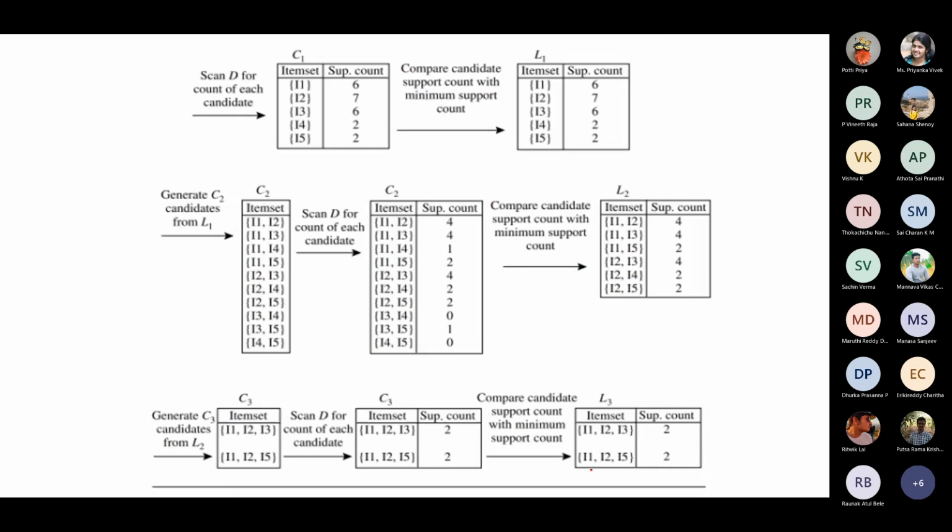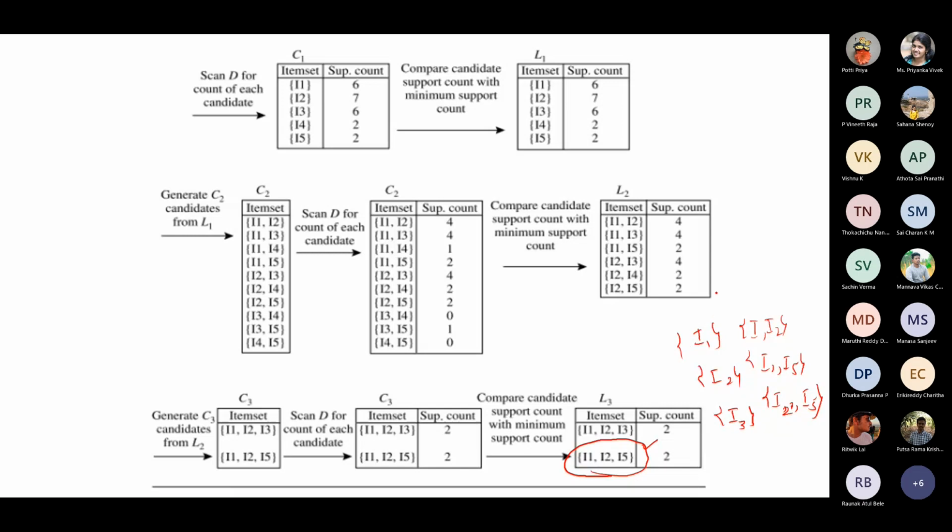Let us take this example, I1, I2, I5. This is frequently appearing in the transaction. What are the non-empty subsets of this particular set? I1, I2, I5, I1 I2, I1 I5, and I2 I5, right? So these are the non-empty subsets.